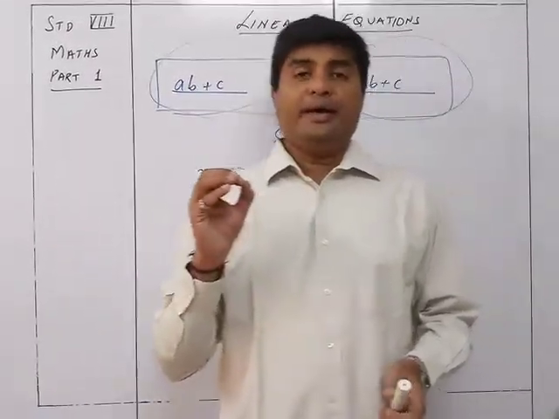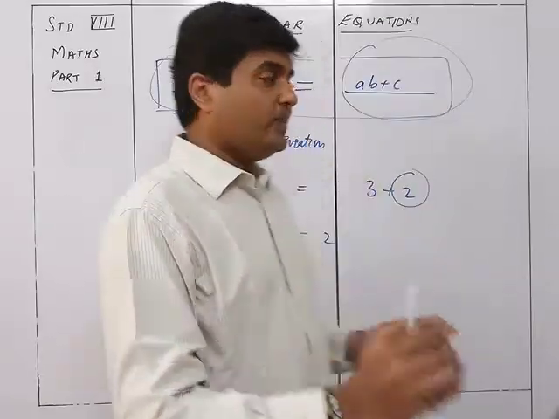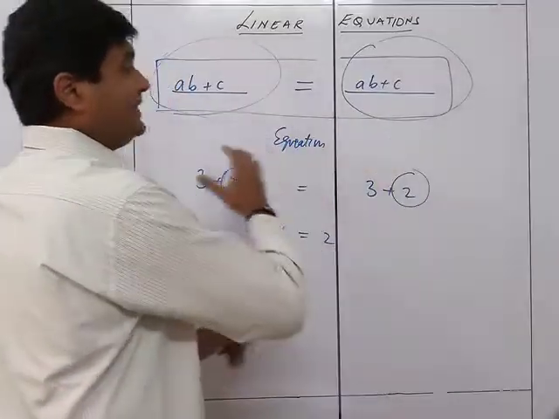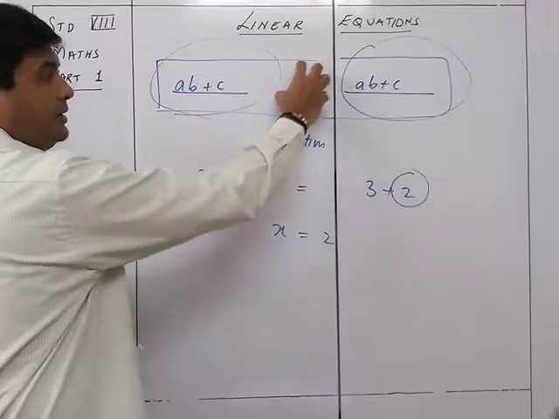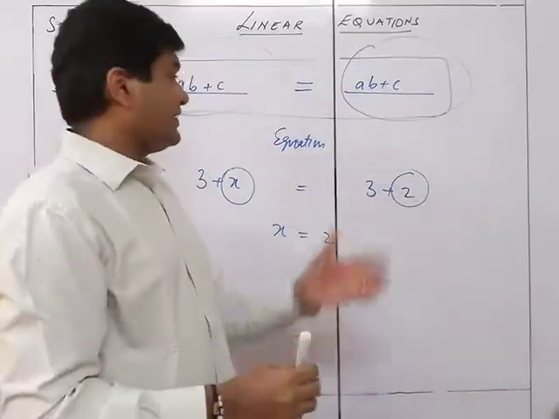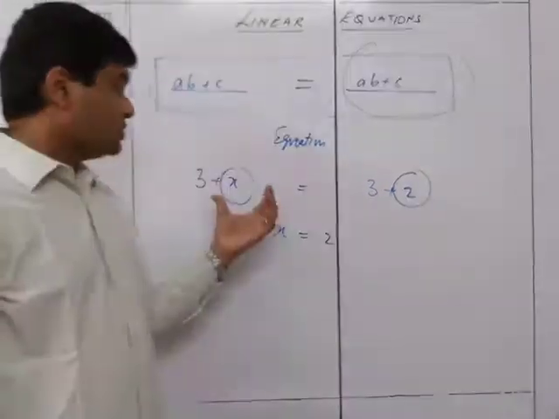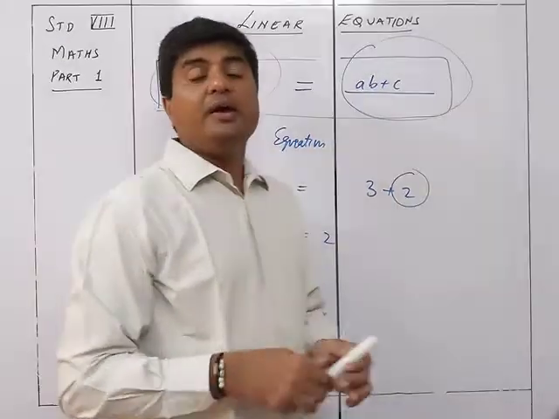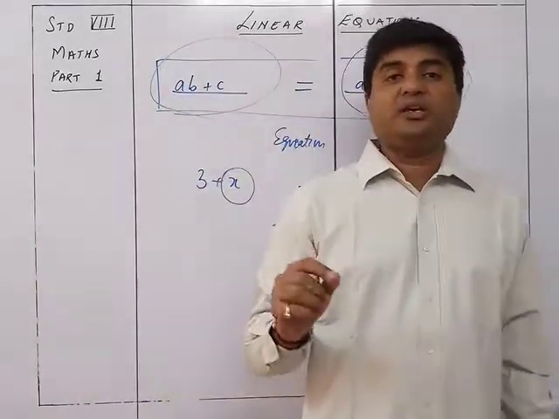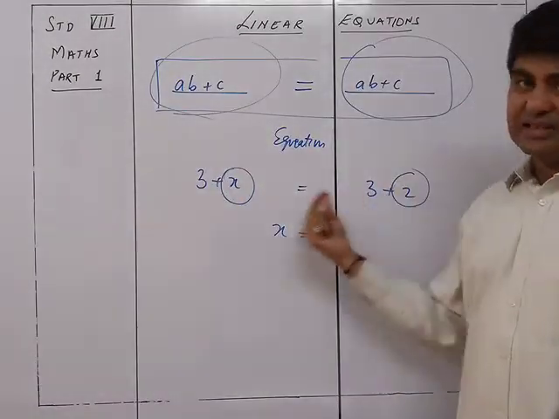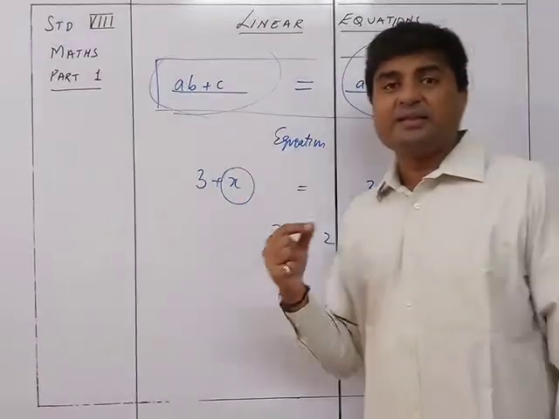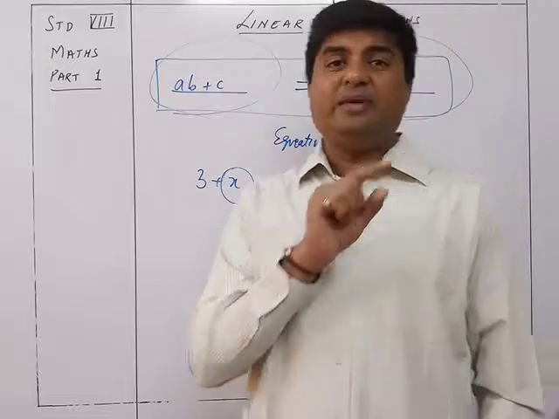So an equation is one in which there are two expressions and these expressions are given as equal. Whatever is on the left hand side is equal to what is on the right hand side. If that equation is in a single line like this, it is a linear equation. Linear means straight line.